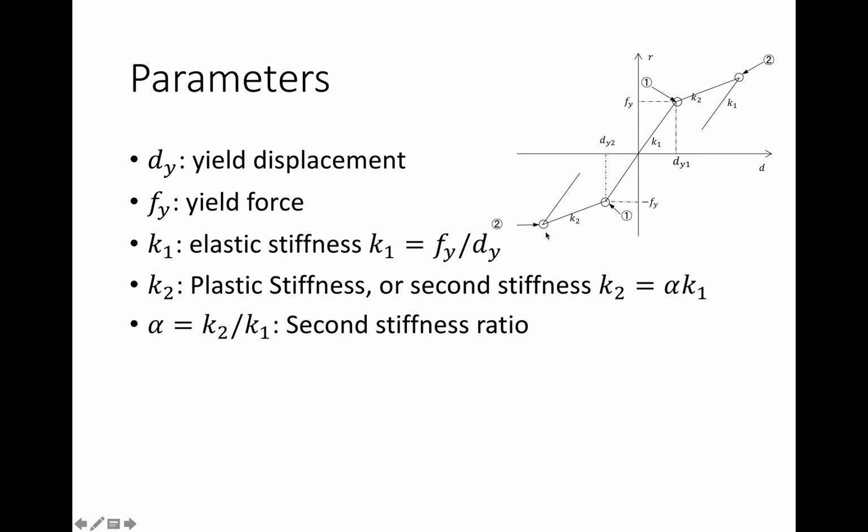For the elastic domain, the stiffness is called the first stiffness K1, the same as K, which is the ratio of Fy divided by dy, because until here they follow the elastic rule. However, the plastic domain has a plastic stiffness, also called the second stiffness, which is generally smaller than K1, using a ratio alpha from 0 to 1 to express K2. So alpha is the K2 divided by K1 ratio, or the second stiffness ratio.